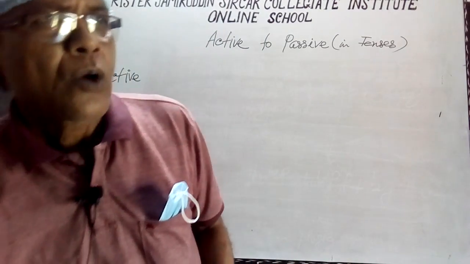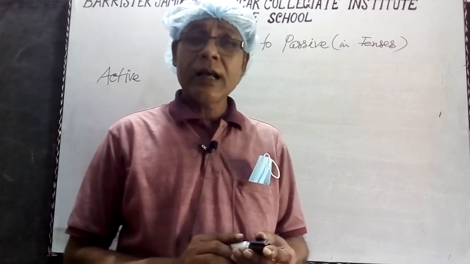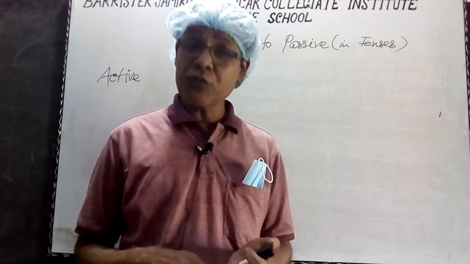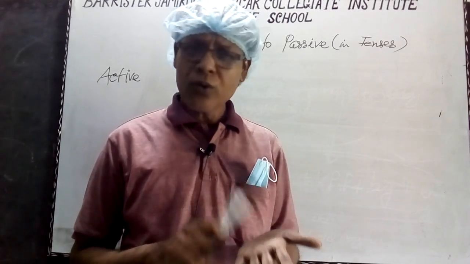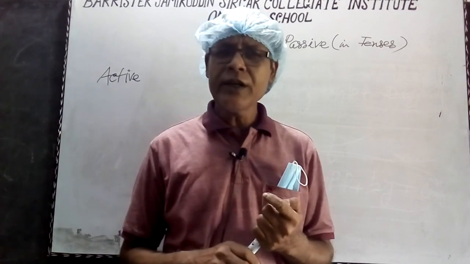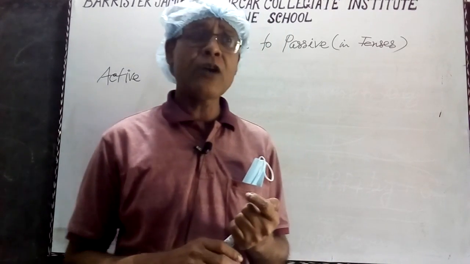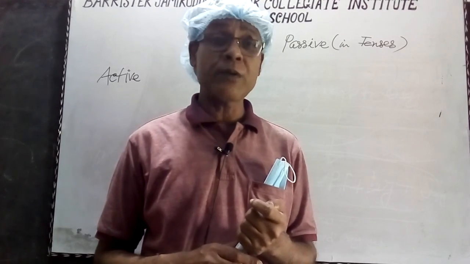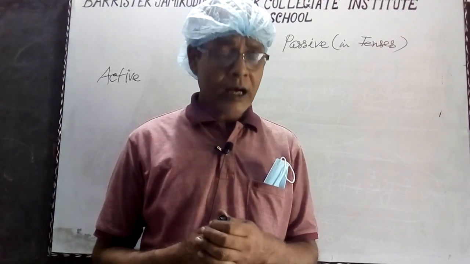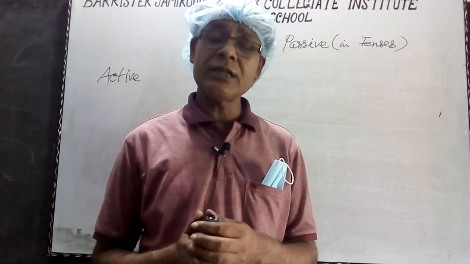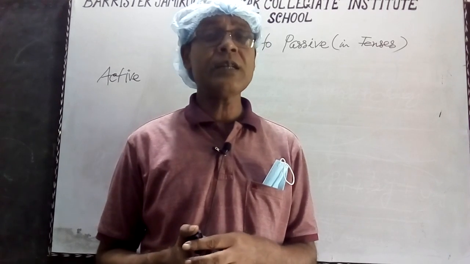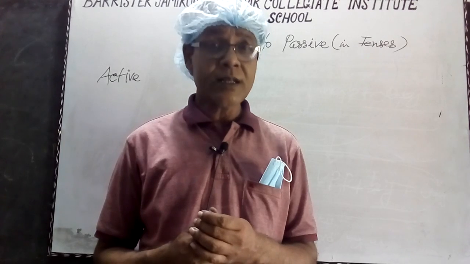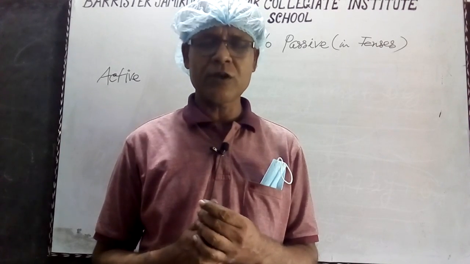And we have discussed 12 forms of active to passive in the tenses. When the verb is in the present indefinite tense, we must use "am, is, are" after the subject, and the verb will be in the past participle form.